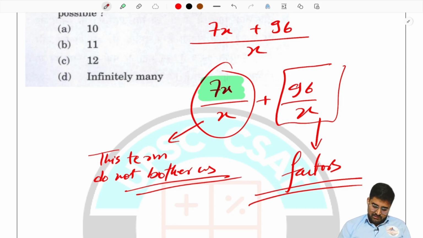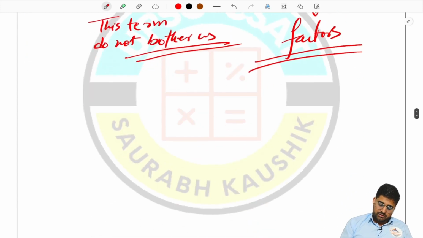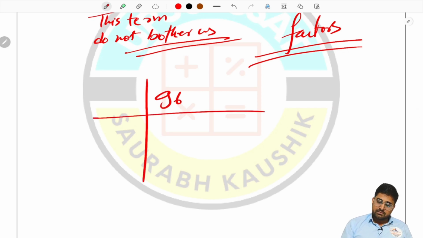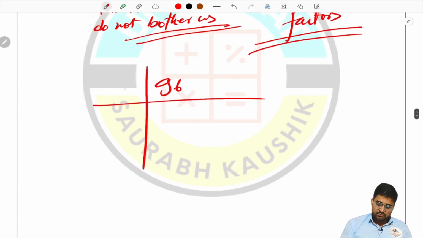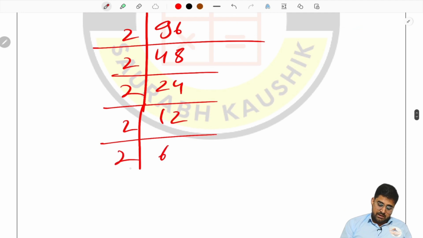First, let me show you them, then it will be good to show you how to make factors like this. You go from 8, 16, 24, 12, 2, then 6, then 2, then 3, then 3, then 1.